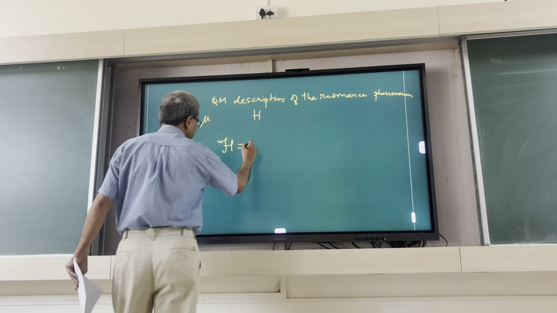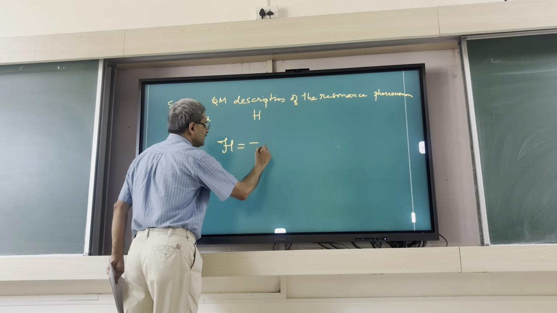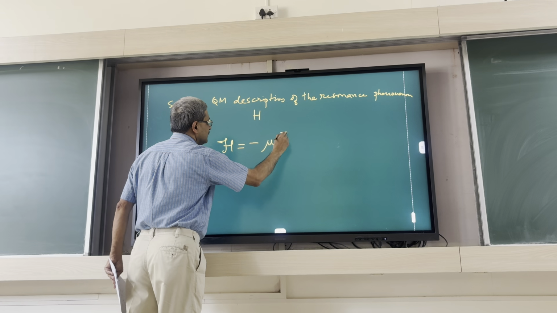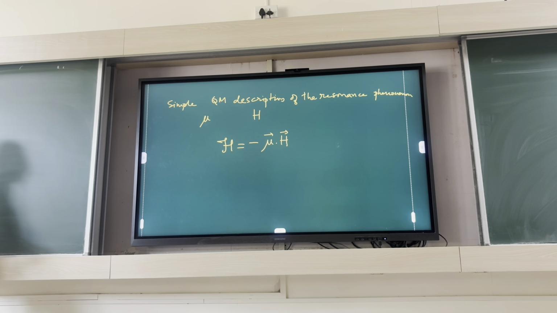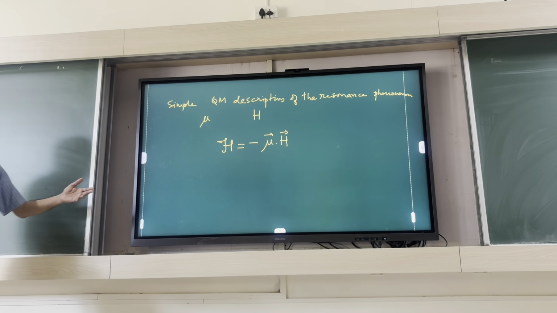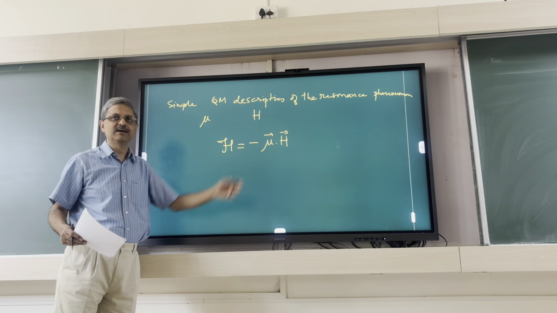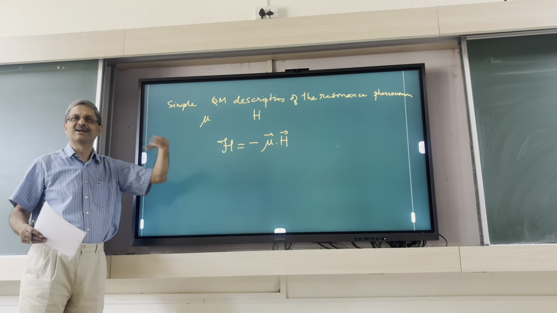Which will give you the energy, no? So it's minus mu dot H. It's similar to electric dipoles in an electric field, minus P dot E. Similarly, magnetic dipoles in a magnetic field. This is what you would write classically.